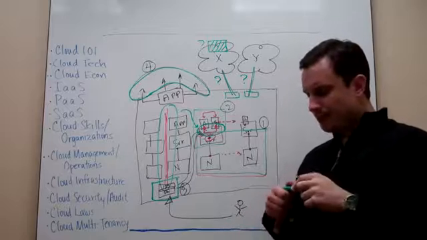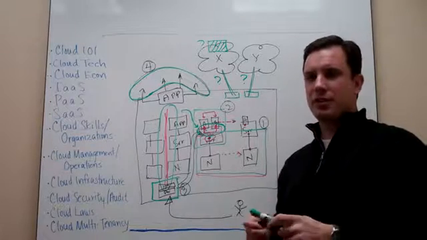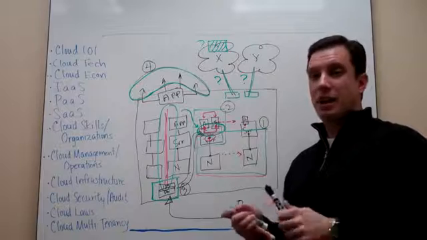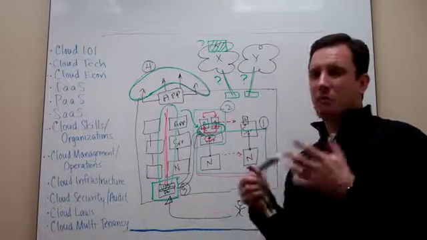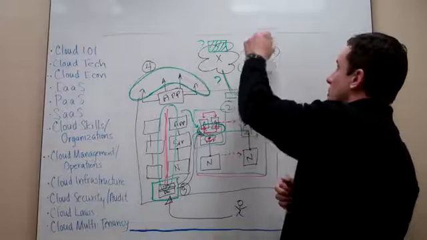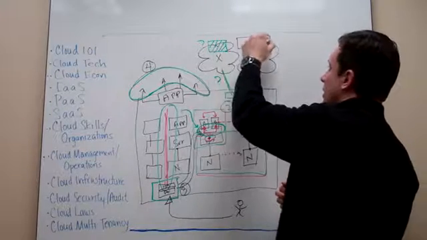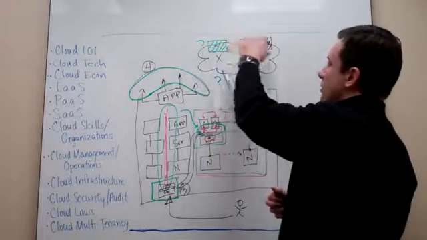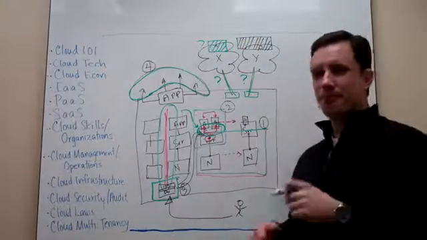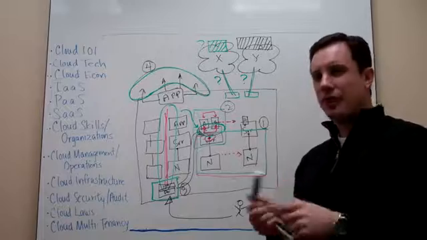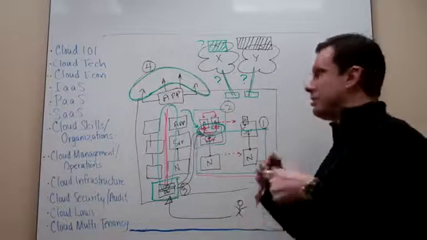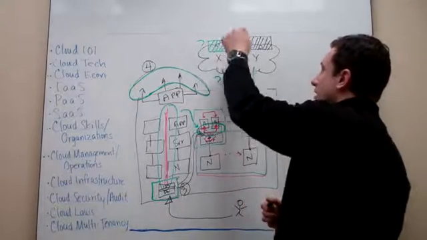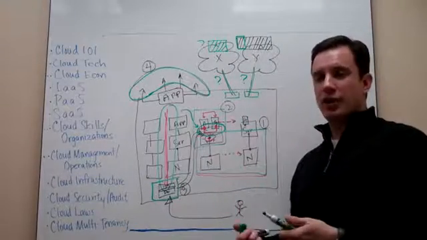What happens when, very simple example, I have an application that now runs in the cloud. And most likely, that application is going to run on an infrastructure in the cloud that's shared amongst a bunch of different customers of Cloud Y or Cloud X. Well, how do I audit that? How do I make sure that my data is somehow isolated, if that's what I need from an auditing security perspective?